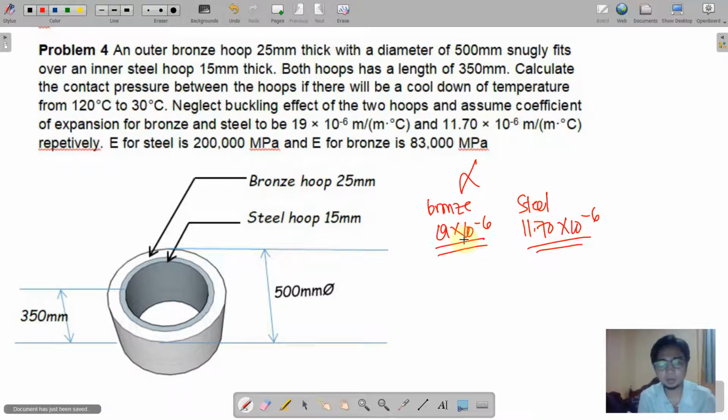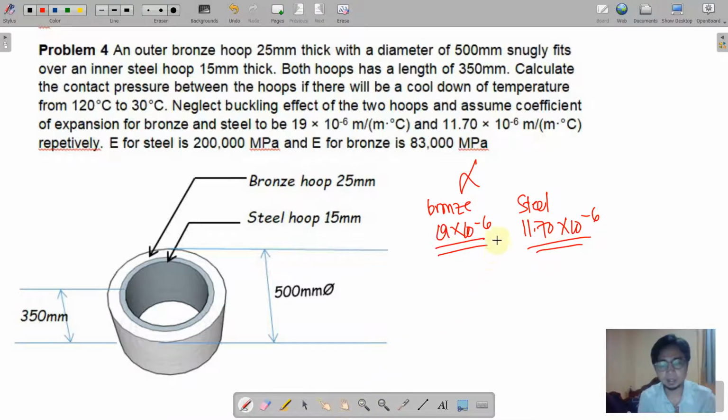And if we have a cool down temperature or a decrease in temperature, a larger length will be contracted compared to steel material. So, ibig sabihin, yung bronze, mas mahaba ang ihahaba kapag humaba. At kapag umikli, mas maikli ang iikli kapag umikli versus that of the steel material.